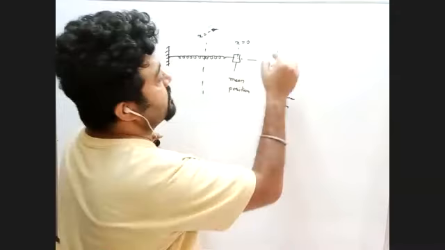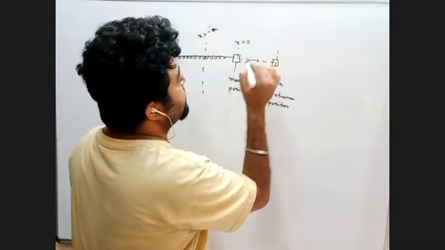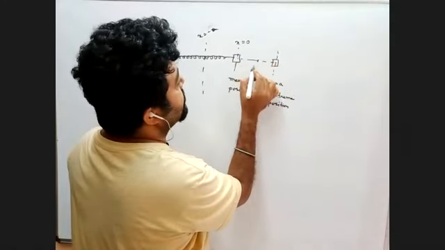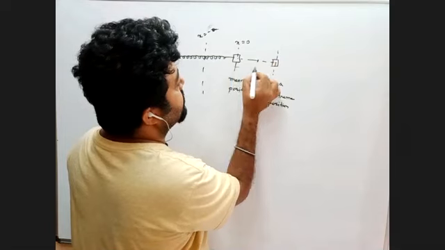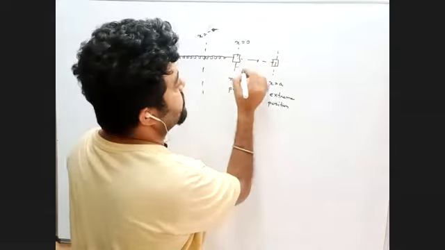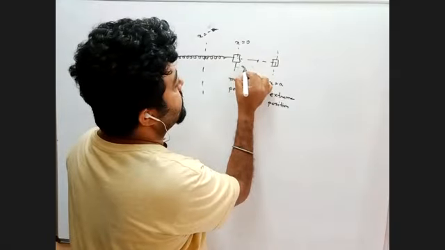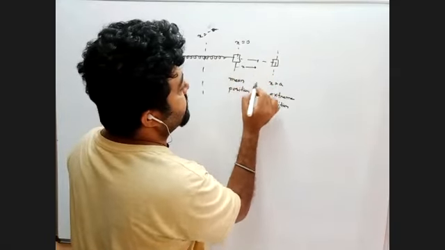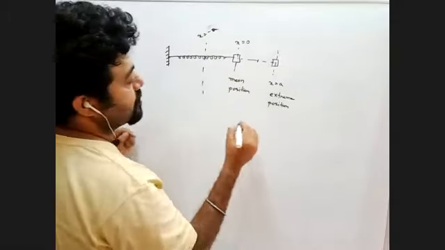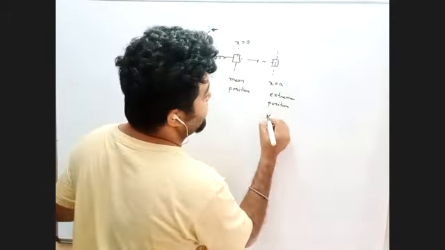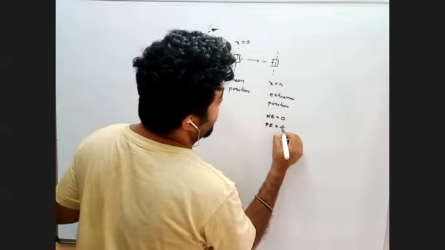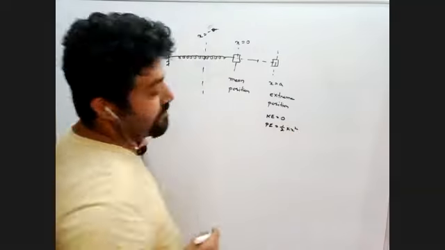So suppose this is the x position, and if this is the extreme position a, you can write that distance is x. So kinetic energy at this point is 0, potential energy is half k x square.